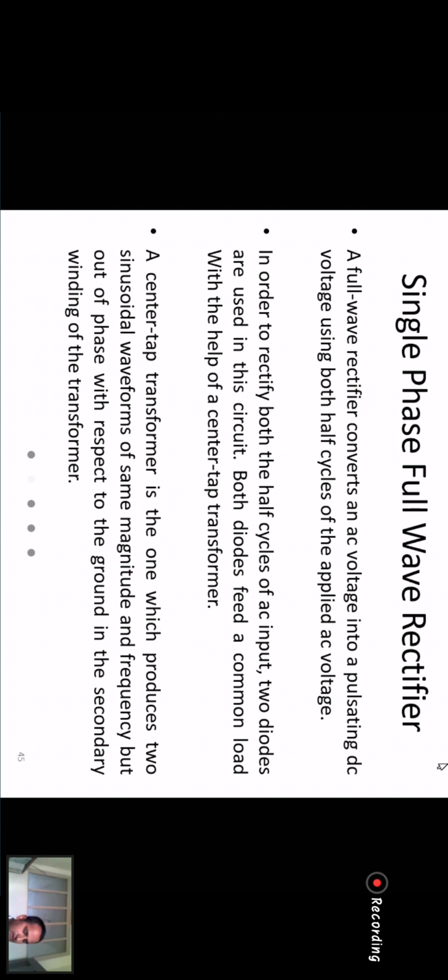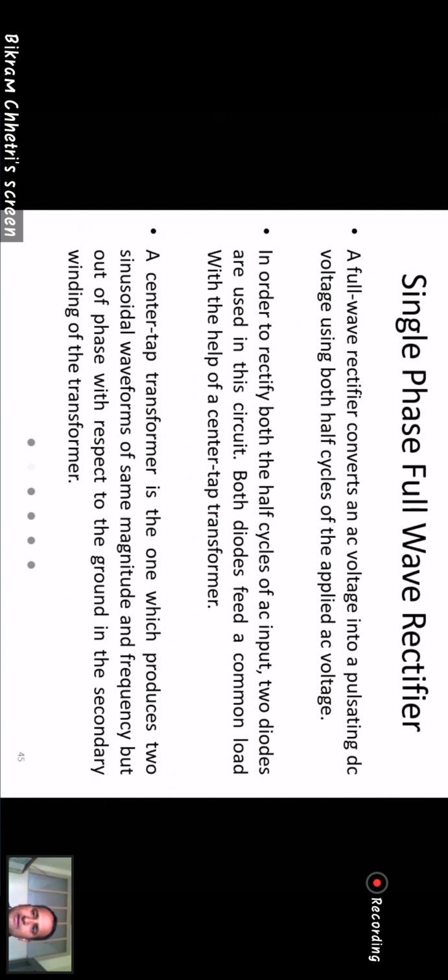A full wave rectifier converts the AC voltage into a pulsating DC voltage using both cycles of the applied AC voltage. In the half-wave case it uses only the positive half cycle, but in this case it uses both half cycles.